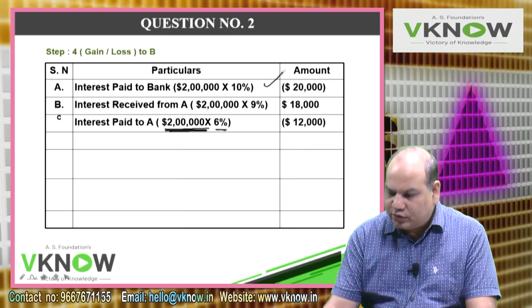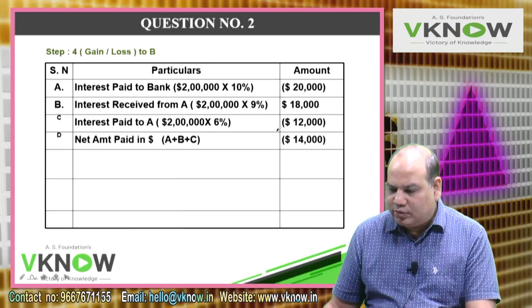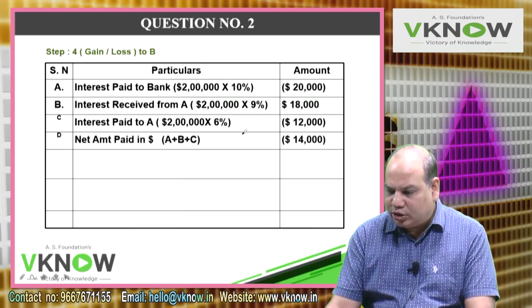First transaction is with original banker. These two transactions are with A. It receives, it pays.